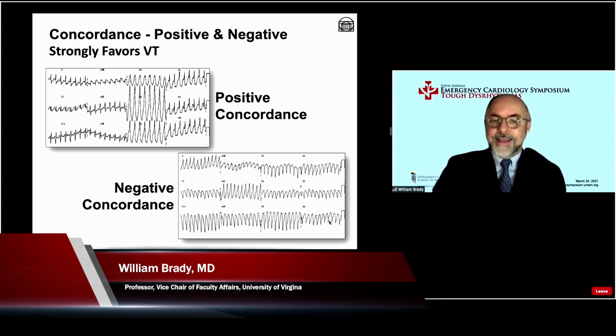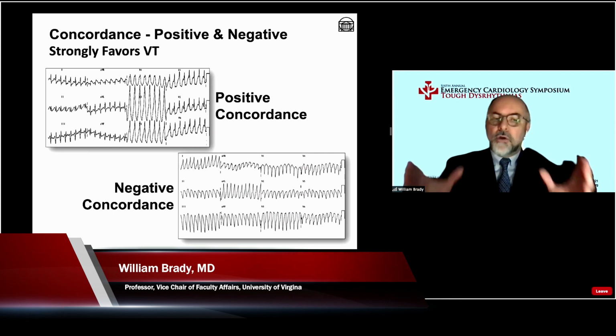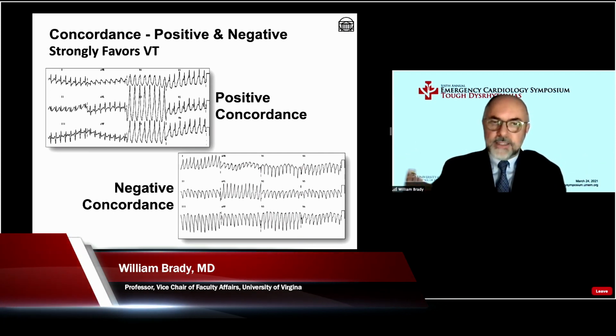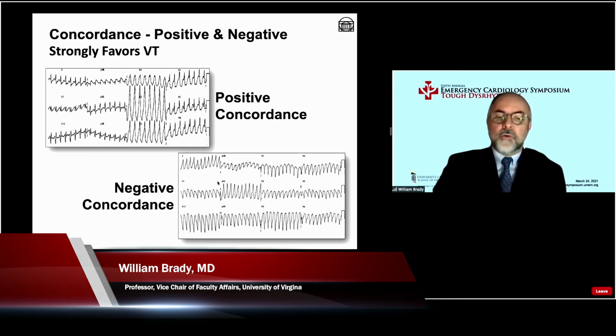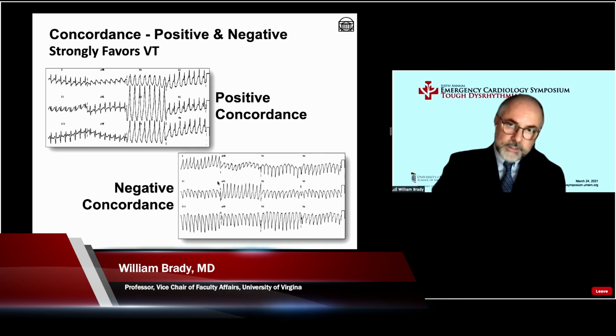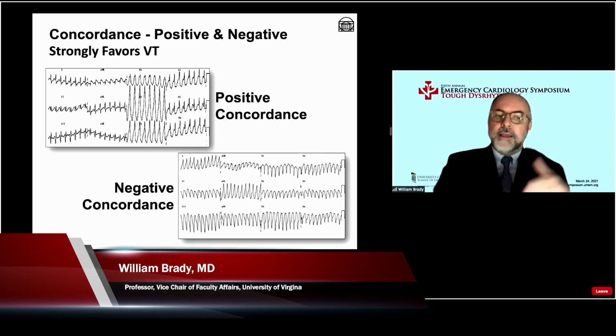When present, this does not suggest a supraventricular rhythm focus or source of the rhythm. It, in fact, suggests a ventricular source. Remember, positive concordance frequently is VT, and negative concordance is almost always VT. So this finding, in addition to the other three that I've mentioned, are quite helpful.